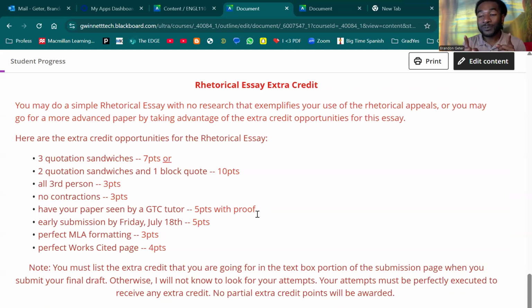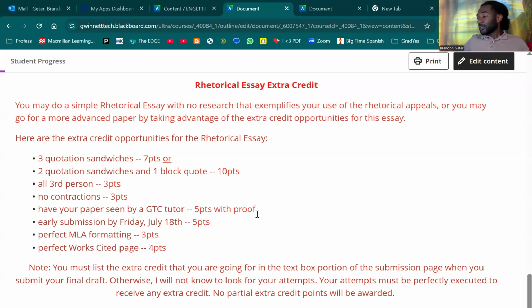But you must exemplify the rhetorical appeals still. You can do that essay. No research, just MLA format, good essay structure, exemplify the rhetorical appeals. Or you can take advantage of any of this extra credit. Now, if you take advantage of all of this extra credit, you can make up a good 30 something points from other essays or other assignments that you missed.